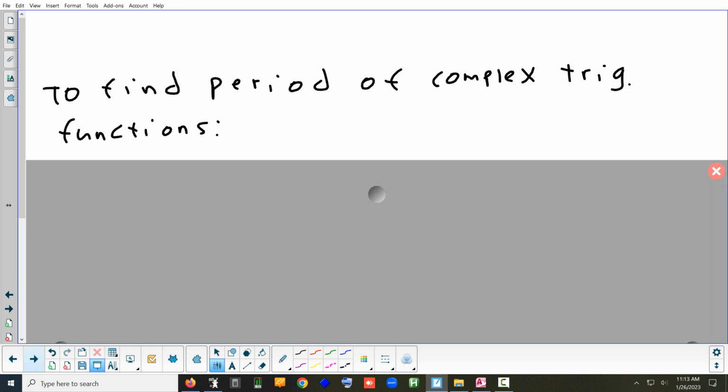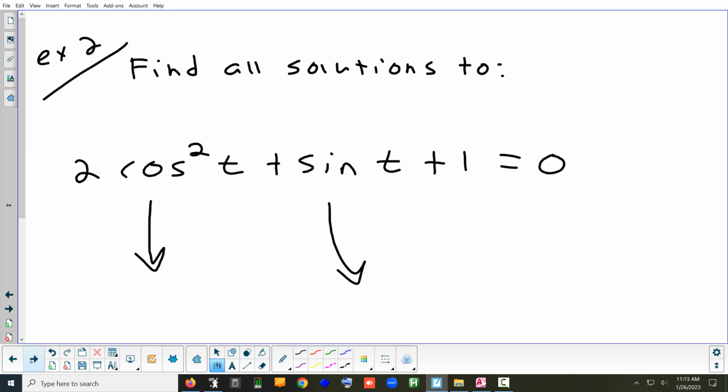So, how do you find the period of something that has multiple trig functions in it? Don't even worry about the power here. But how do you find the period of that whole thing? Well, the first step is to find the period of each periodic term. How many terms are on the left side of that equation? 3. 1, 2, 3.